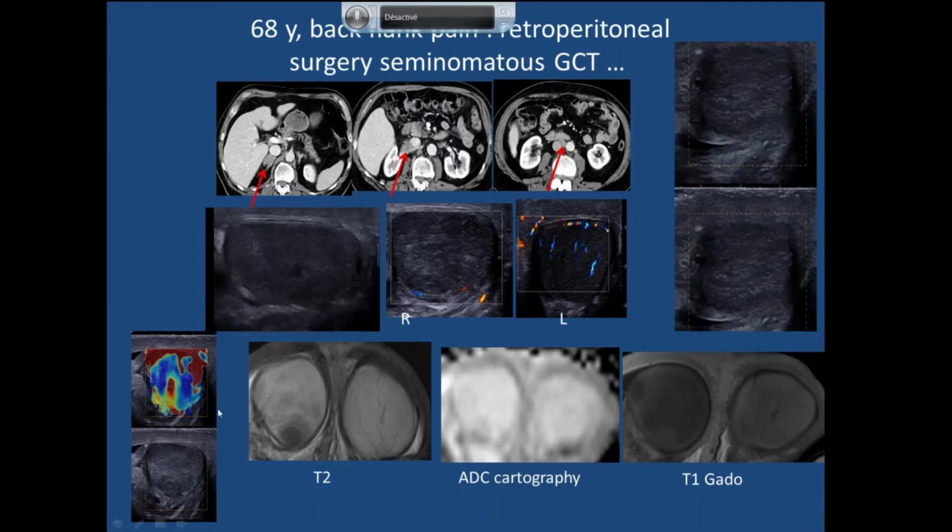It is hypoechoic, with some microcalcifications. It's not vascularized compared to the left testis. And at elastography, there is really a nodular lesion with a high stiffness, matching very well with the MRI results, like for the other example.